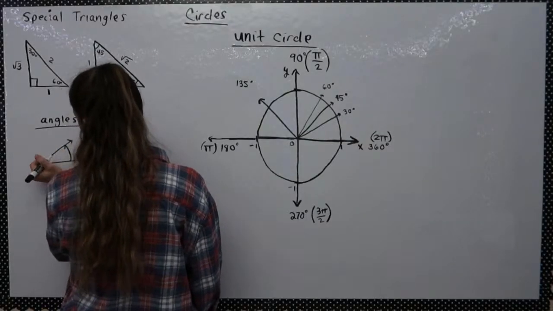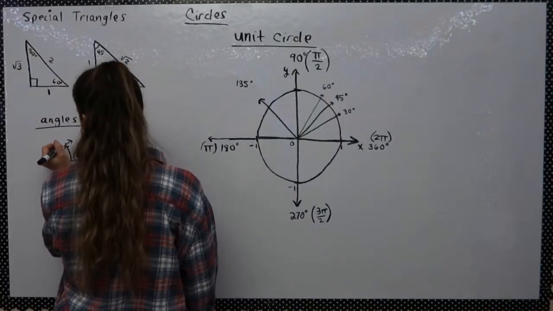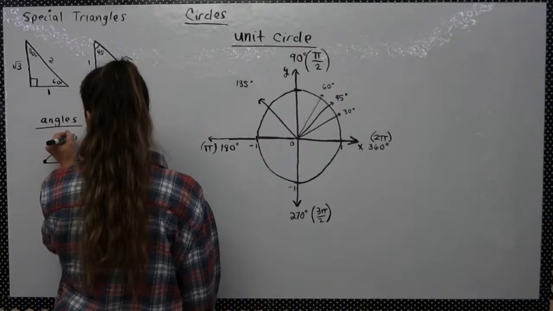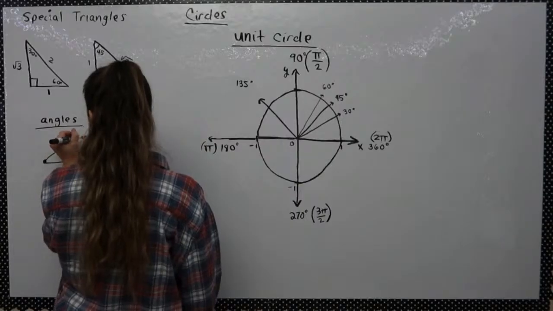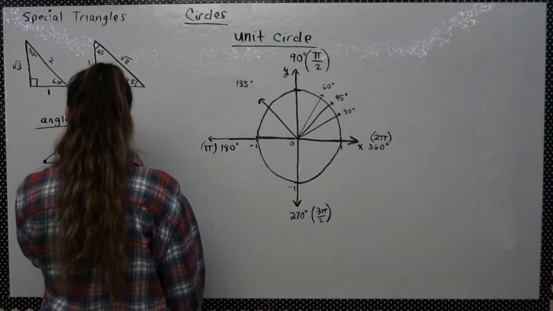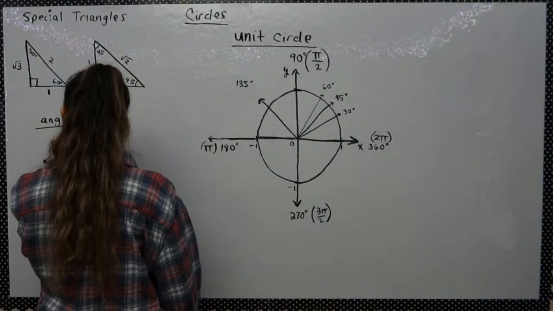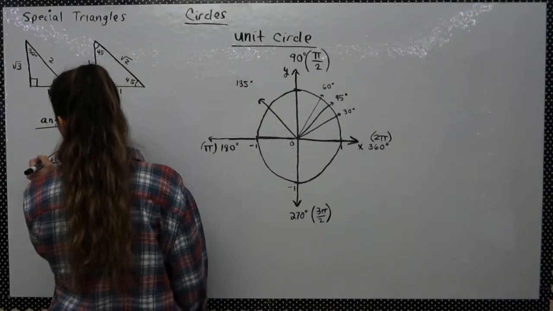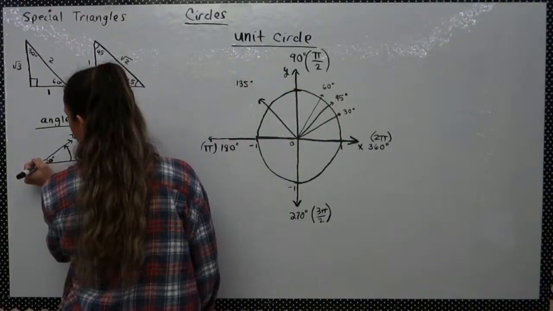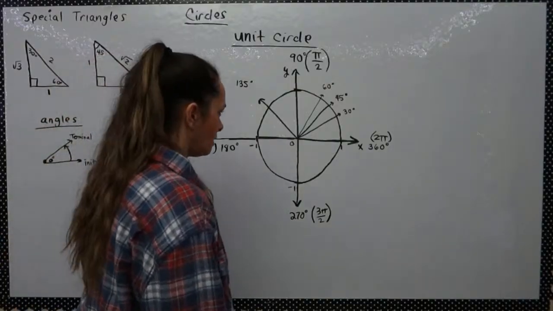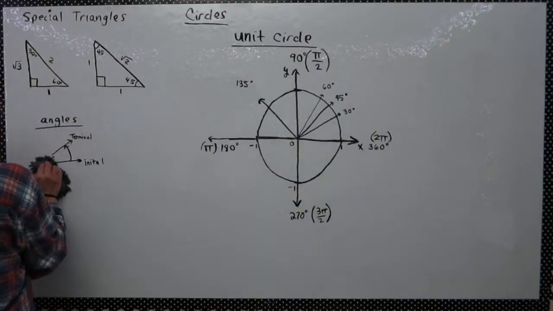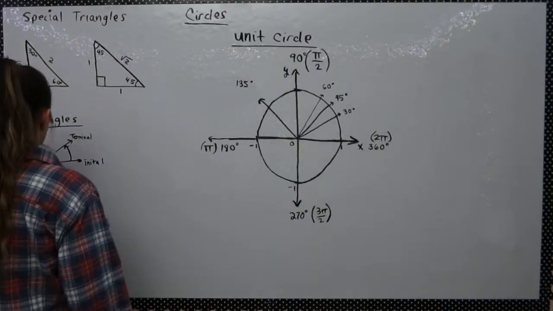And it's moving in a counterclockwise motion. And then where it terminates is where it ends. Let's see if I can spell it right. And then you have the actual angle, the degree measure of the angle. A lot of times denoted as theta. Let's see if I can draw that.